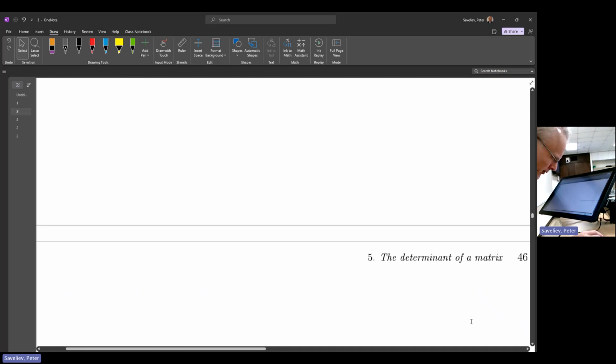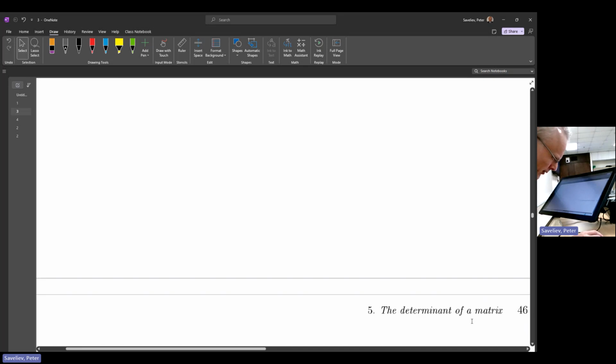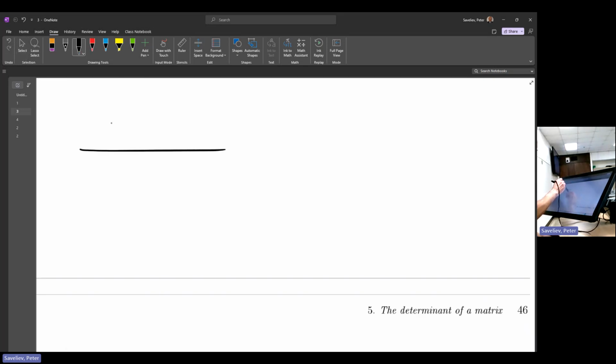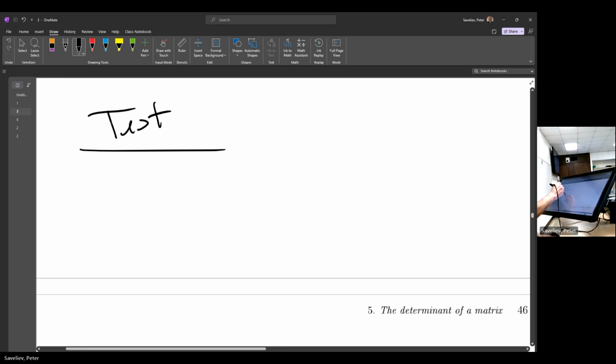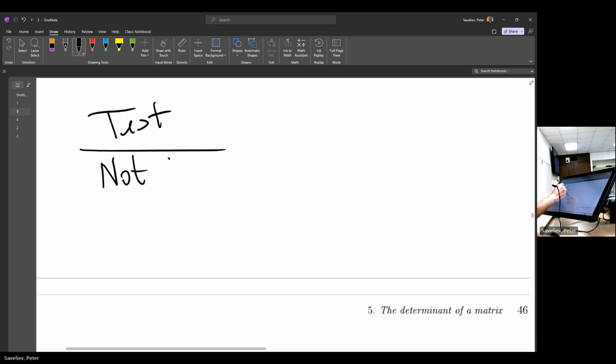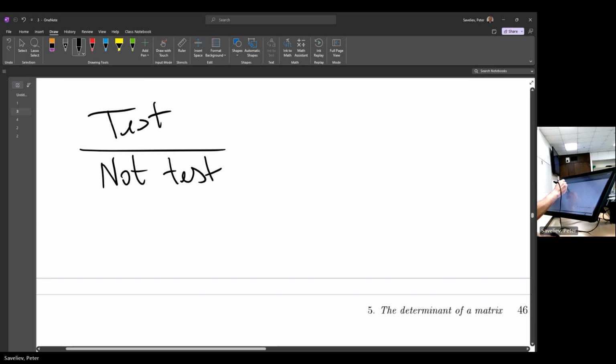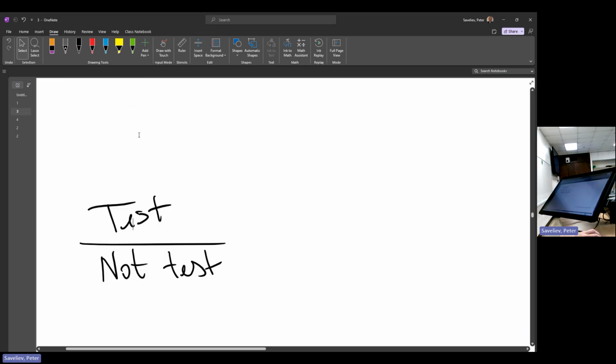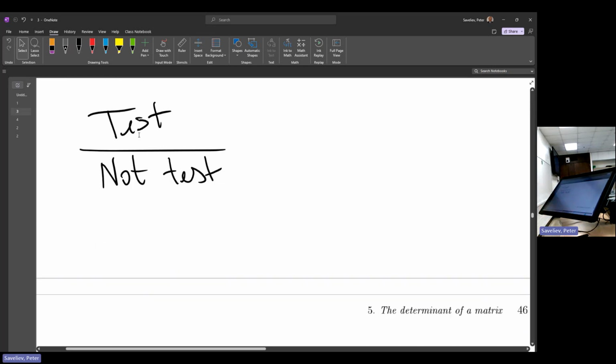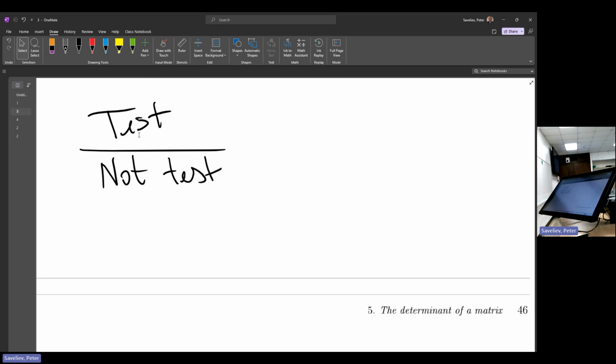Okay, so a good place to put a line here. So this is test. This is not. So there might be one problem possibly about the last section. So linear algebra will be on the test specifically as linear algebra, without references to differential equations.